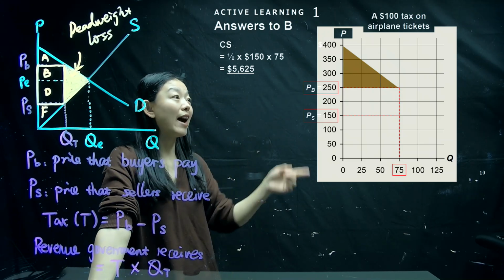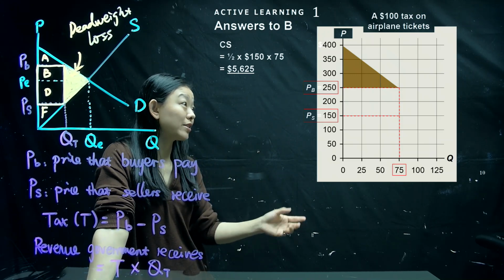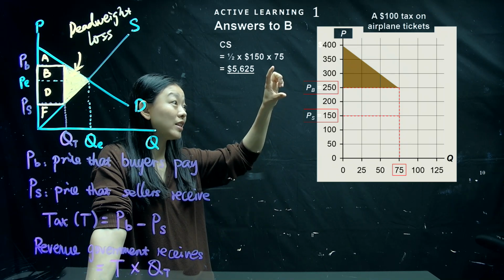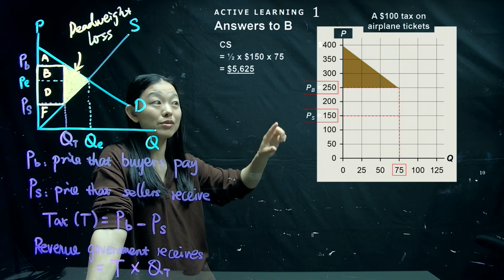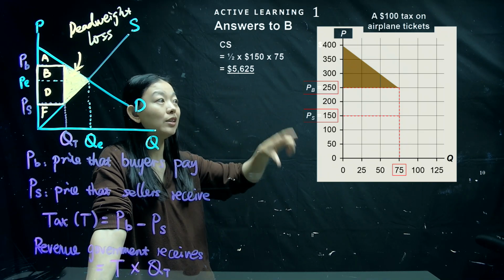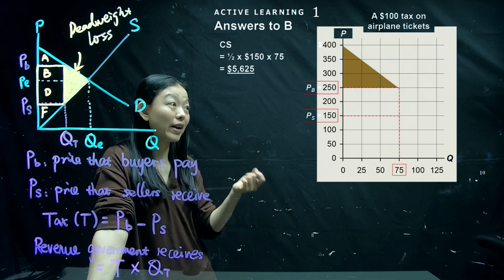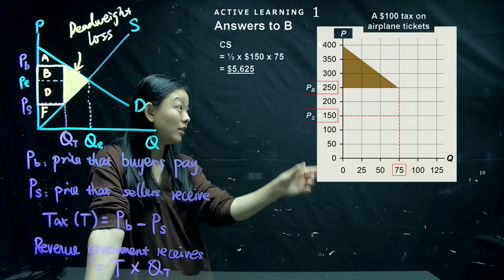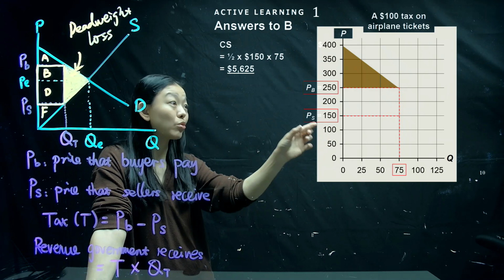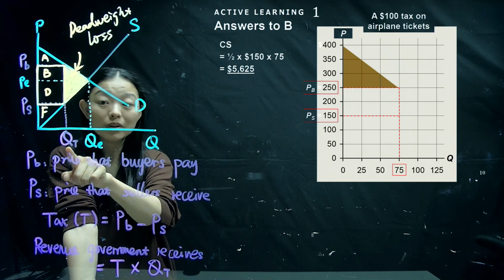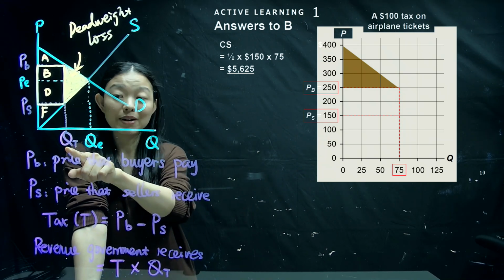So use half times base times height. You use 400 subtract 250 to get the height equal 150, and then times the quantity. Now we have the new quantity equal 75, right?